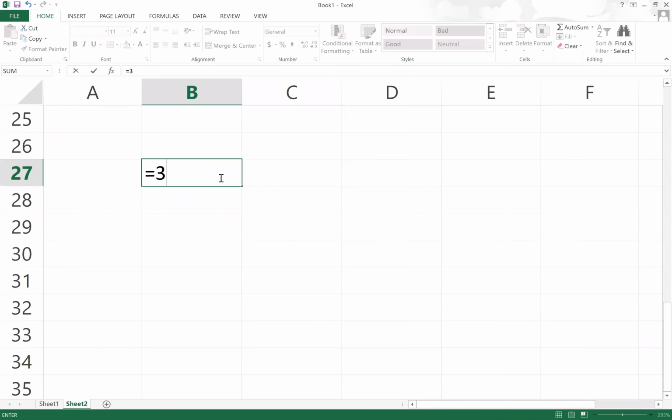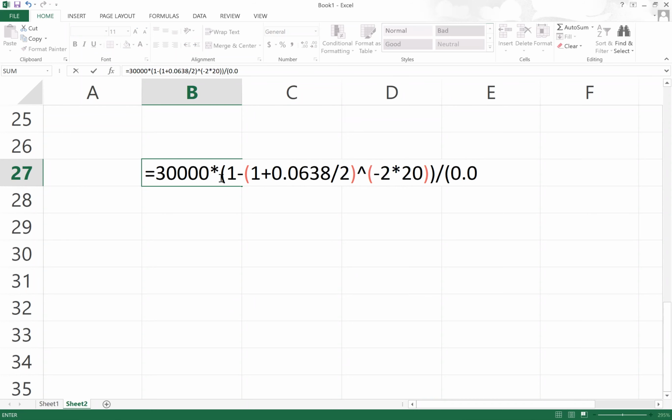So $30,000 times 1 minus (1 plus the rate 0.0638 by 2) raised to negative 2 times 20 years. Close parentheses for the numerator, and the denominator is 0.0638 over 2.